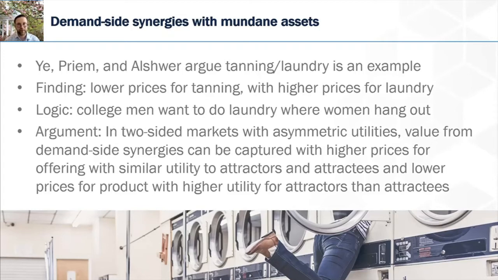It's just that one of those happens to be higher and the other lower than what you might find elsewhere. And those that are attracted to the location based on who they hope to meet and hang out with would be paying the higher prices for the laundry. So that's how the total revenues increase for the laundromats that are co-located with tanning salons.